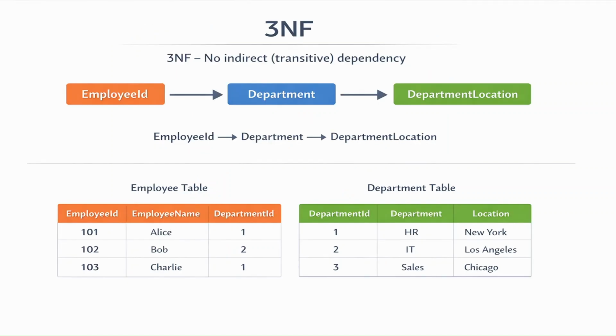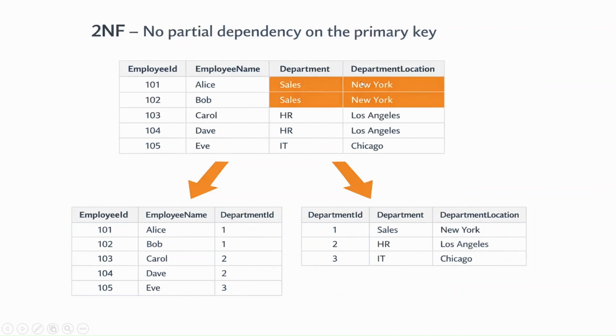This is the third normal form. It says no indirect transitive dependency. So there should not be any indirect transitive dependency. If we see this, department location depends on the department.